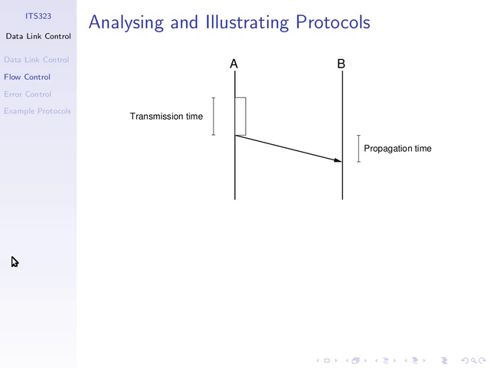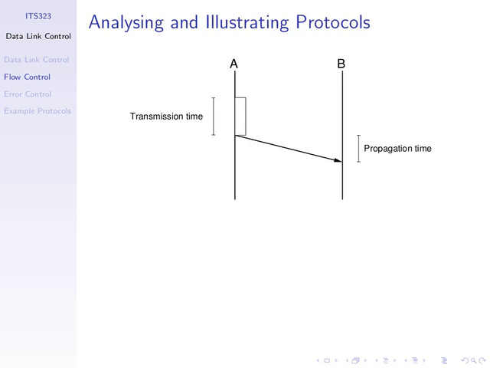So the propagation and transmission times or delays are shown there. Of course, you can calculate them if you know numbers. If you knew the distance of the link, and if you knew the speed of the signal, you could calculate the propagation delay. And similarly transmission time, you can calculate that. So these types of diagrams we're going to use to describe our protocols.